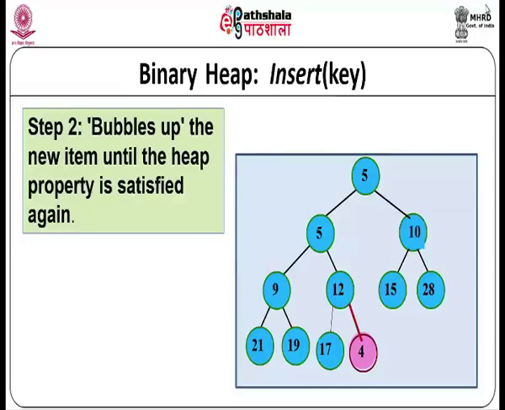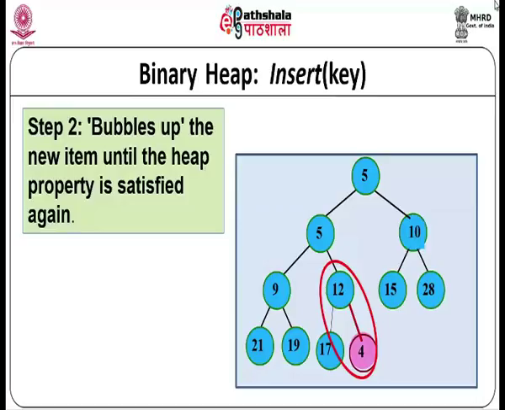What will happen is the new item will bubble up until the heap property is satisfied again. Okay, so that is the idea. Now, you look at these two, 4 and 12. Remember, the parent has to have a lower value than the child in a min heap. In this case it is not satisfied.